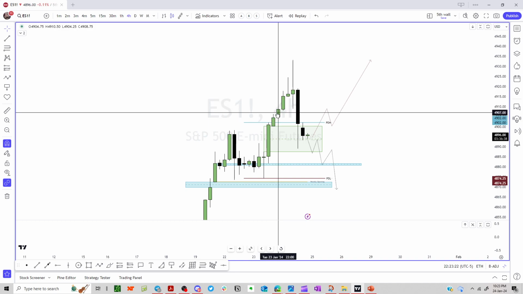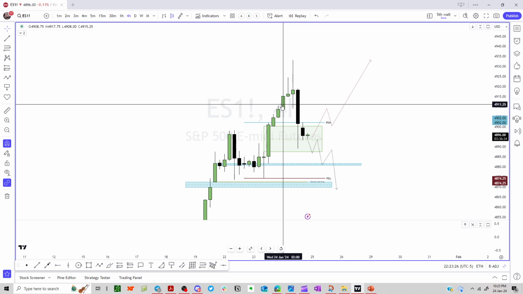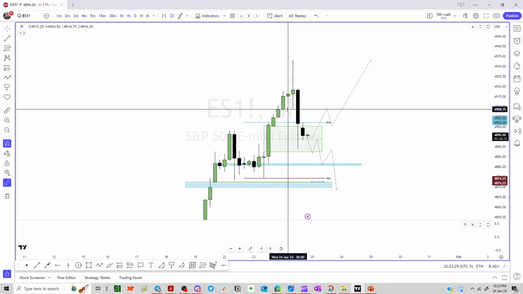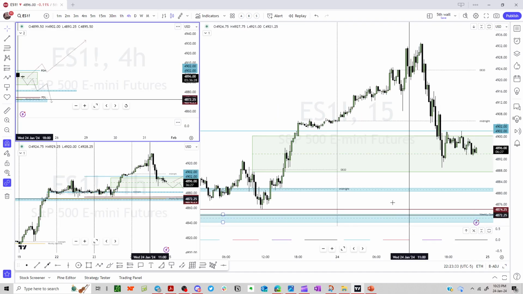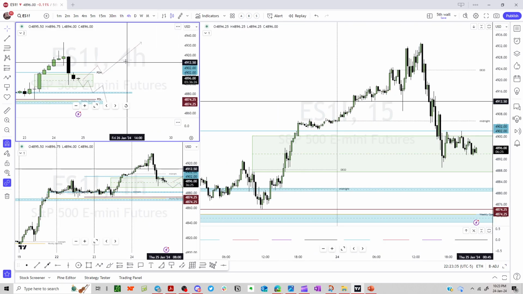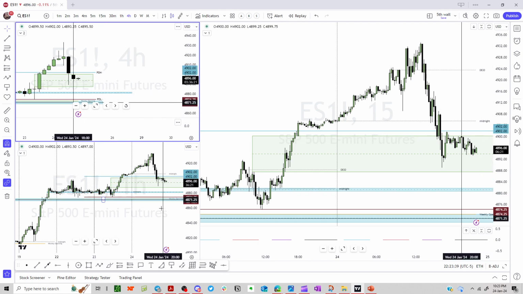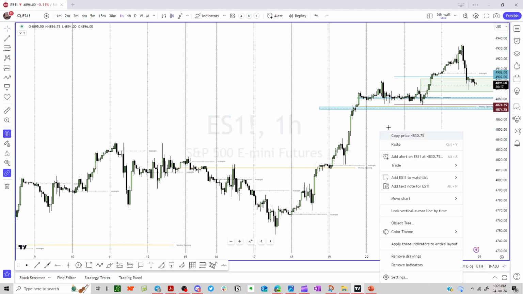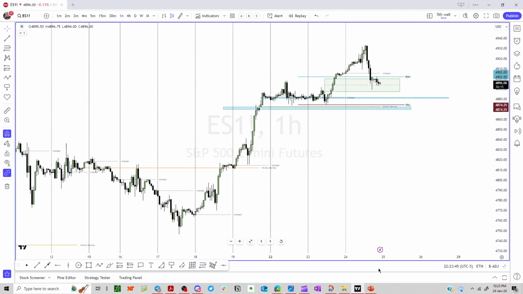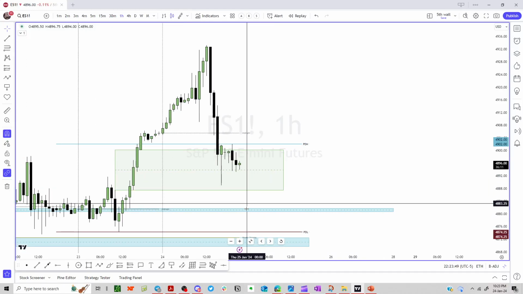Alright, there's fair value gaps in here as well. Right. So I'm gonna erase this. Then go here. And you can see today's price action.